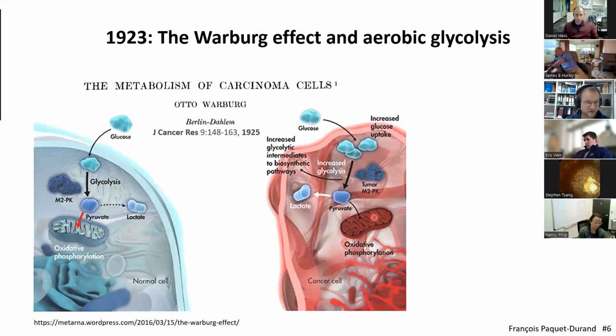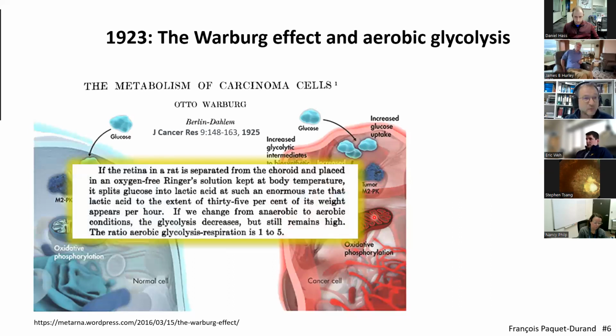Now, in his studies of different tumors, he also found that the retina was the only healthy tissue that behaved very similar to a tumor, that was also producing a lot of lactate, even in the presence of oxygen. So this is kind of an enigma that may be puzzling us to this day.